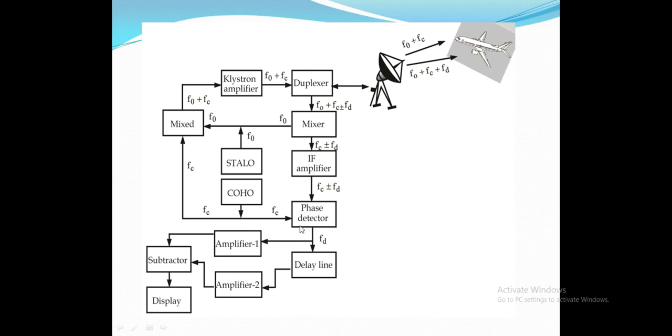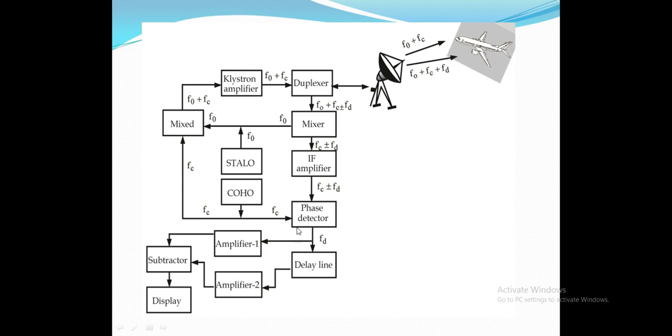The frequency produced by the Coho is same as that of the IF frequency, and hence it is called a coherent frequency. The detector will provide an output depending upon the phase difference between these two signals.